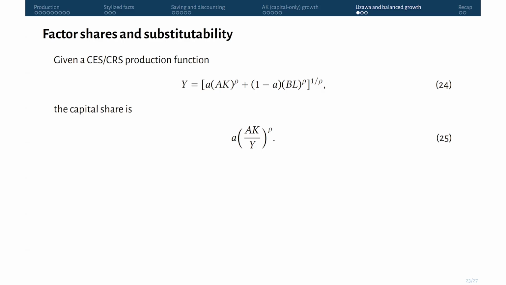You can differentiate on your own, but the idea is you pull down a 1 over rho minus 1, and then on the outside you get little a times A to the rho K to the rho minus 1, but the rho you pulled down cancels with the 1 over rho you pulled down from the square brackets, and that's the marginal product of capital. Multiply that by the quantity of capital and divide through by Y, because we're getting the capital share. And this is what it works out to.